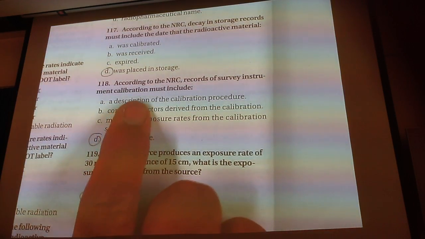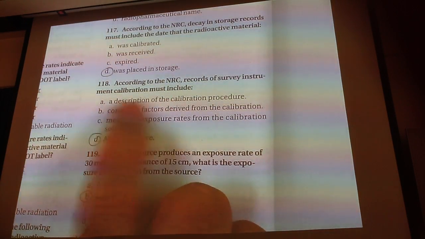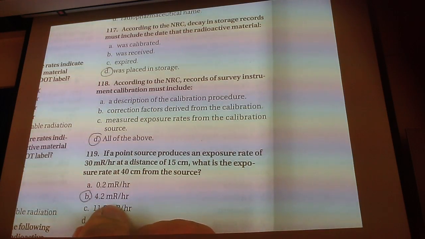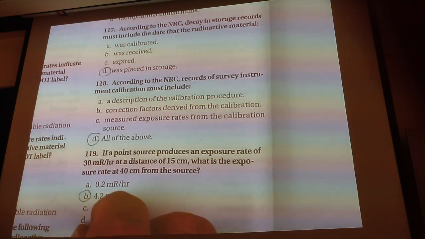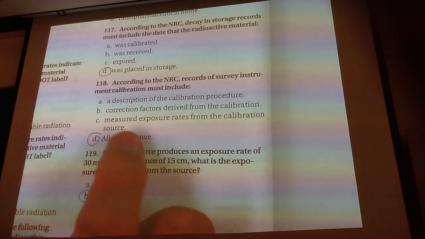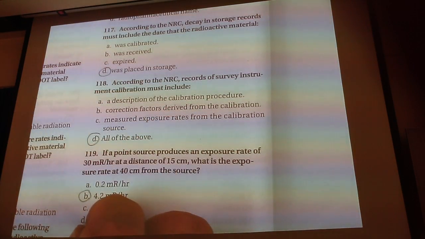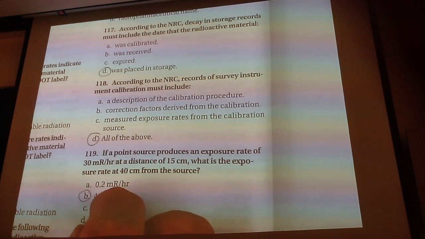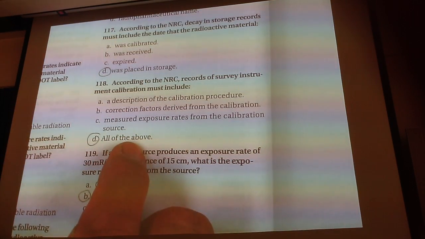Then, okay, the NRC records of survey instruments must include. Okay, now if you utilize the state of California for your radioactive material license, then basically it's an involved process. That's why most people just have it sent out to a company. You send it out to York Medical Physics and they do all this stuff for you.